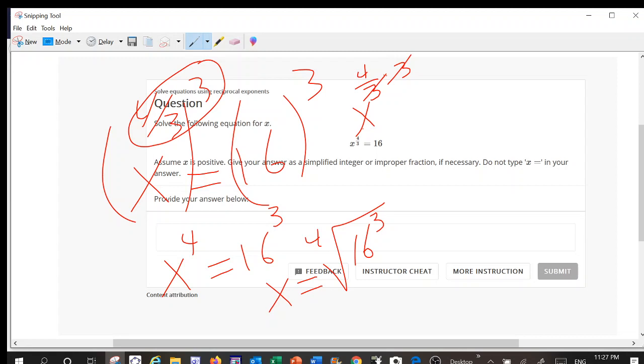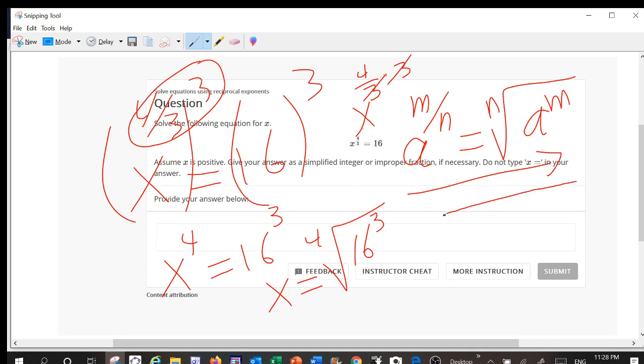Again, we have a formula with exponents that says a to m over n is the nth root of a to the m. We can go from left to right or from right to left. So this thing, if you want to use a calculator, would be 16 to the power of 3 over 4.